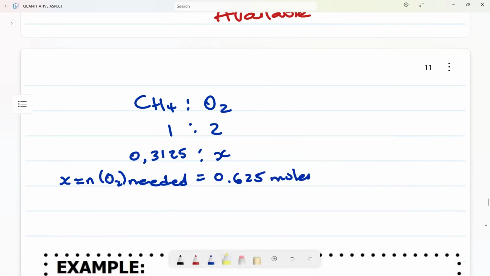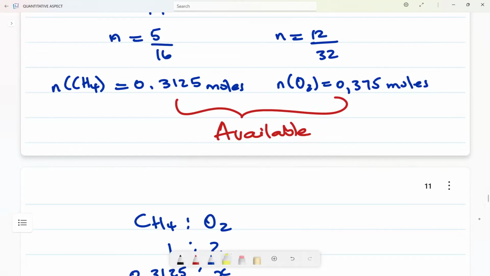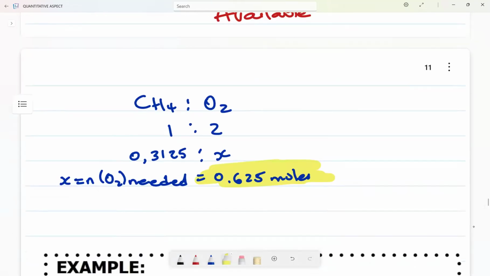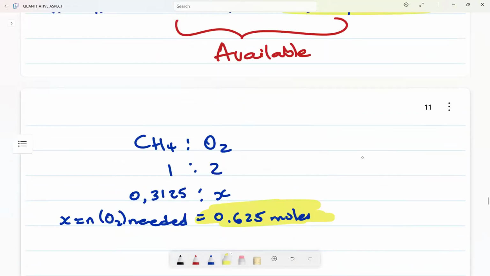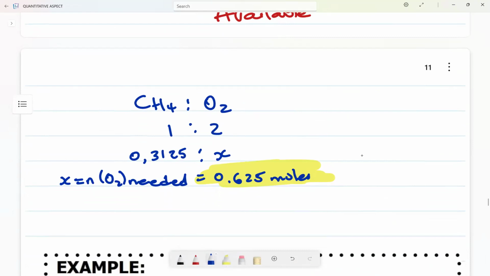If this much O2 is needed, how much does O2 have initially? Can you see now that O2 initially has 0.375? So it means O2 has less than what is required of it. The number of moles of O2 that is available is less than the number of moles of O2 that is needed.